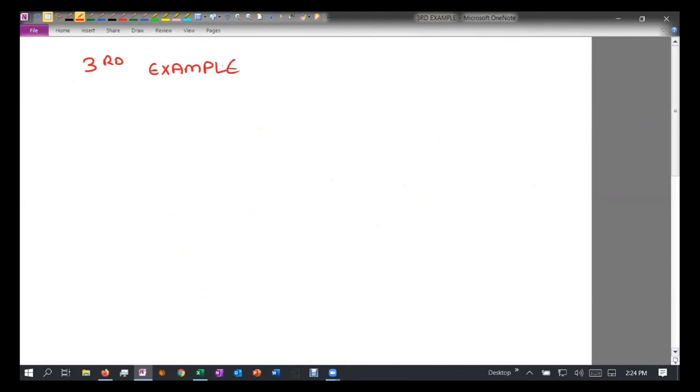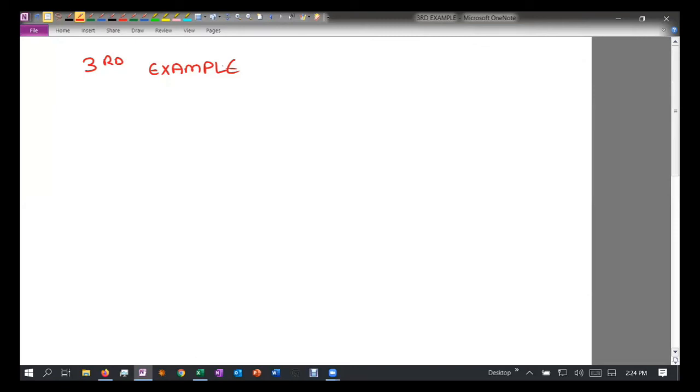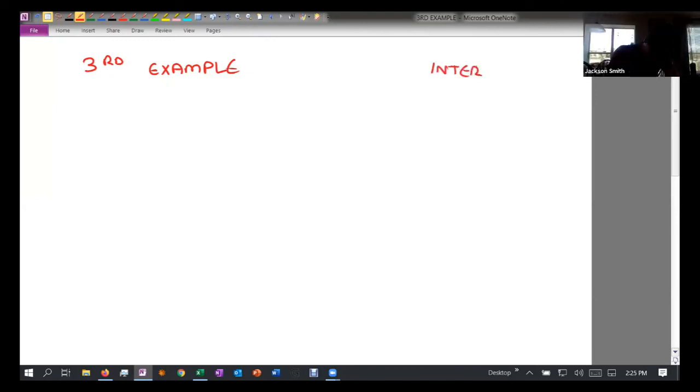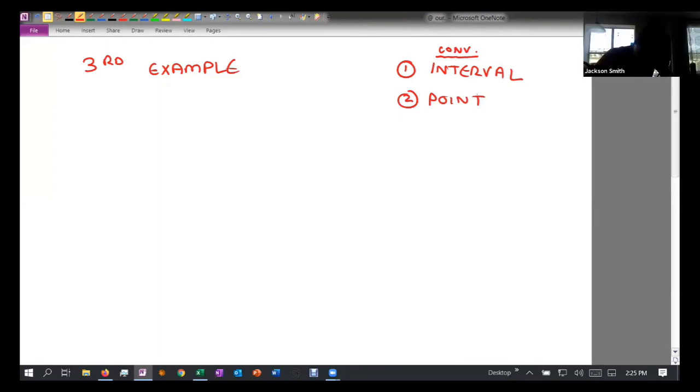In example 1, it converged on an interval. In example 2, it converged at a point, right? Okay, let's look at a third example.